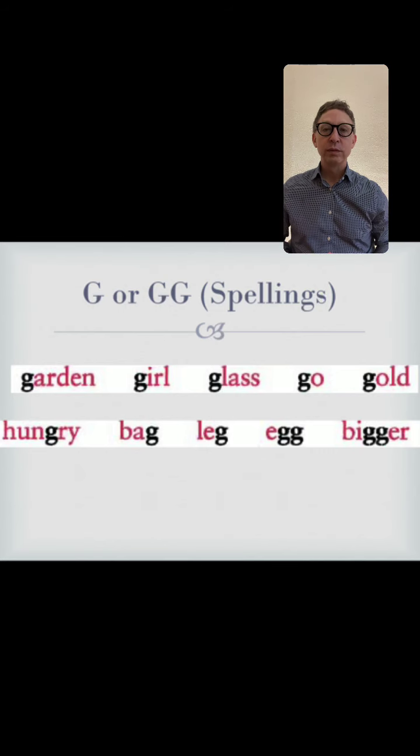Go, go, gold, gold, hungry, hungry, bag, bag, leg, leg, egg, egg, bigger, bigger.